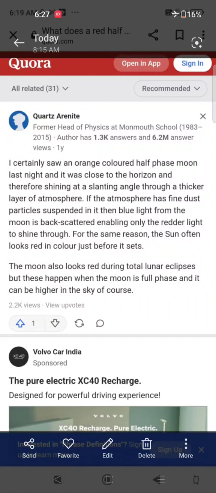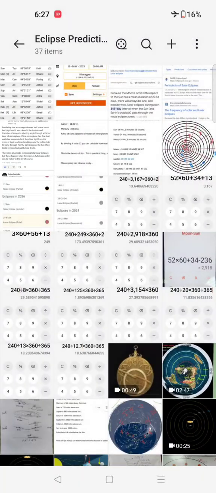And if you ask NASA, they will tell you this is an environmental issue, some refraction is there, this is due to this and that. They never will tell the truth that this is due to the covering of Rahu or Ketu. That is why many times we see a reddish moon throughout the year because of this eclipse.